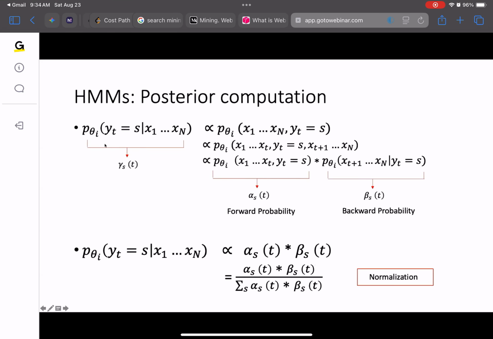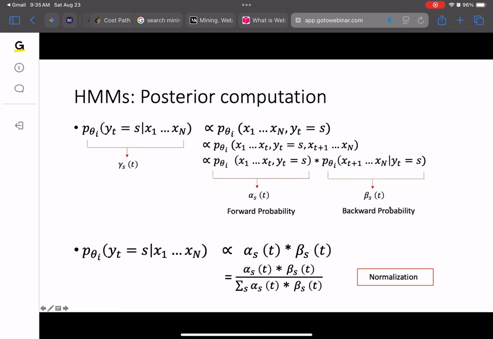The posterior p theta i of being in the state S given the observation sequence is proportional to the joint distribution, and we can rearrange the terms here. Remember, we defined alpha and beta parameters as forward and backward probabilities.